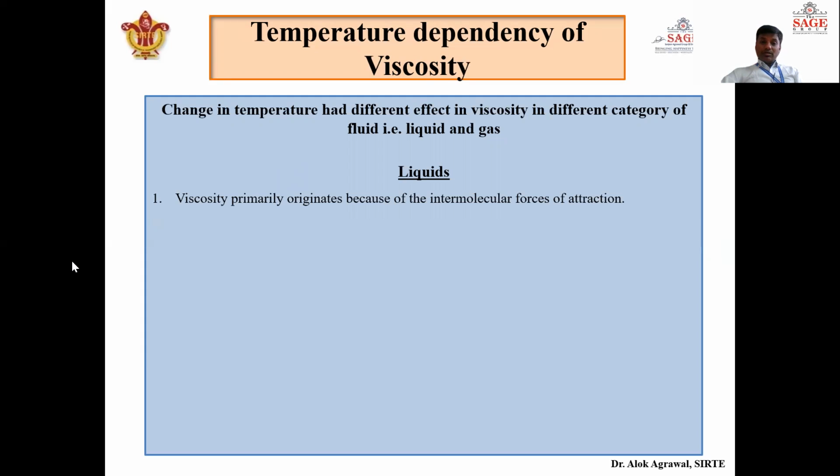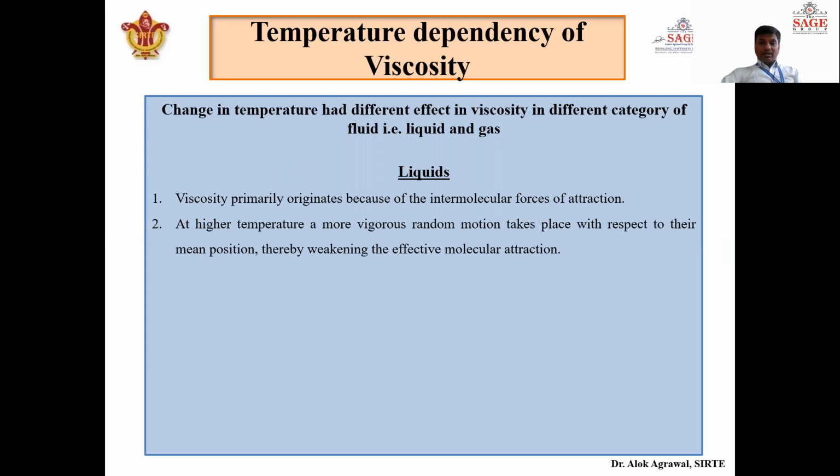Viscosity in a liquid originates because of the intermolecular force of attraction. At higher temperature, there will be vigorous random motion with respect to their mean position. The molecules of the liquid will start moving with very high speed or very high velocity, thereby weakening the intermolecular force of attraction.